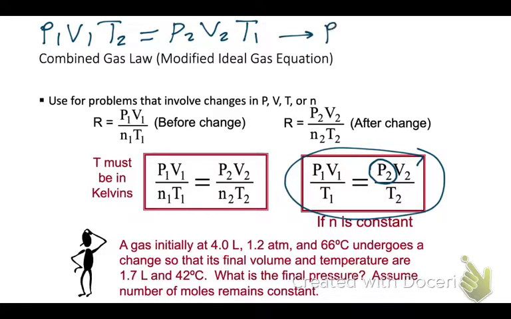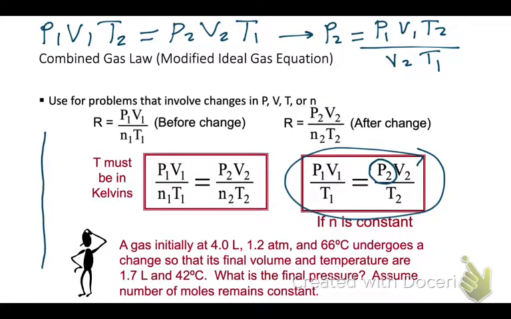So P2 equals P1 V1 T2 divided by V2 T1. Now this is where you start to appreciate the columns that I talked about before, because you can see that you have condition 1 and condition 2, right?